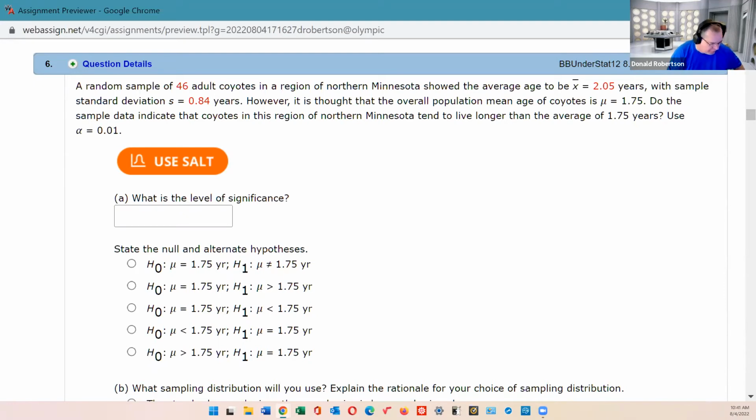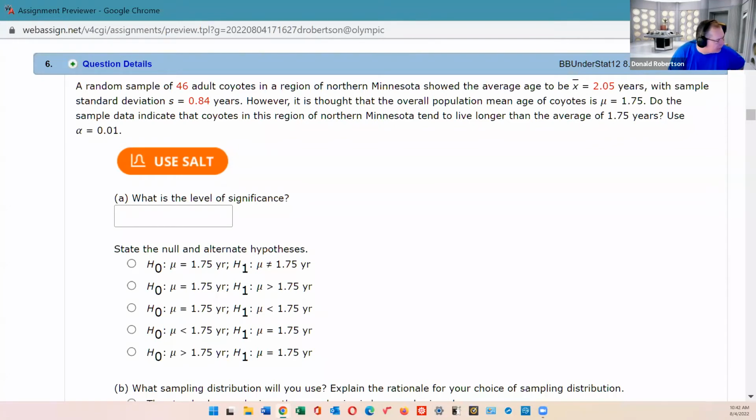Any questions so far? In a lot of ways, isn't this same old, same old? Isn't it very similar to the single proportion stuff? The theme of hypothesis testing really doesn't change too much.